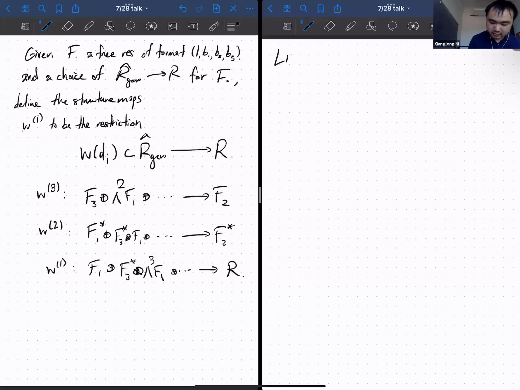Okay, so now we're going to switch gears and talk a bit about linkage. For those unfamiliar, I'm just going to give the very basic algebraic definition of linkage.